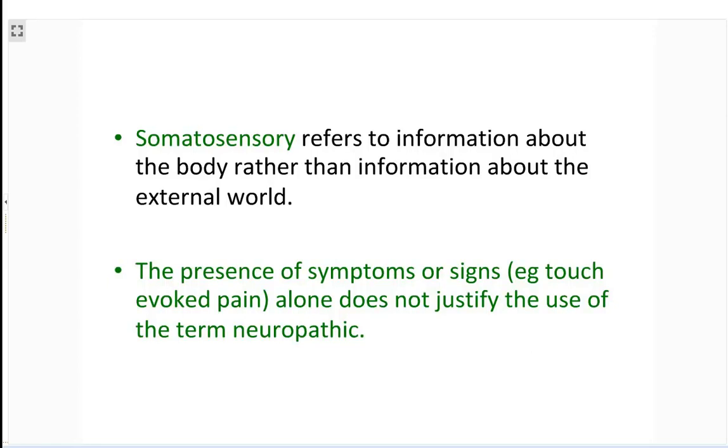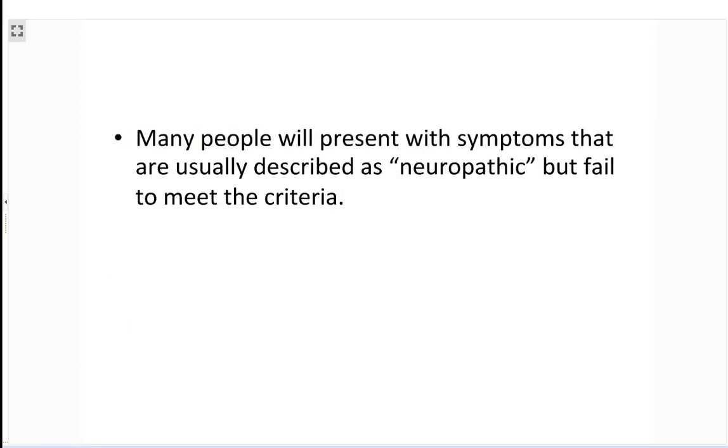There's no lesion. There's no disease. So there's a lot of people in the non-neurological population who are being incorrectly diagnosed as having neuropathic pain without actually having any damage to the nervous system.